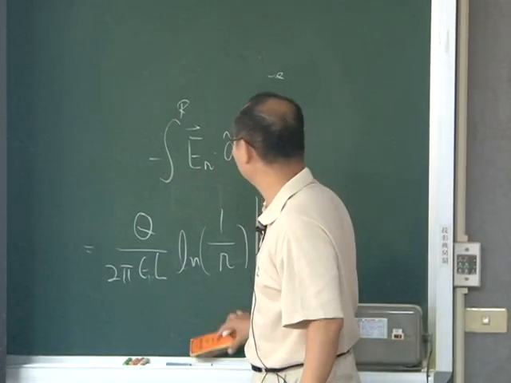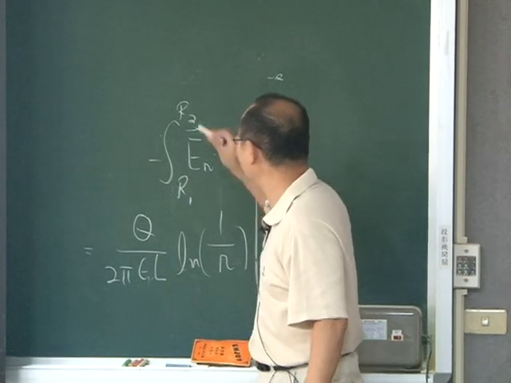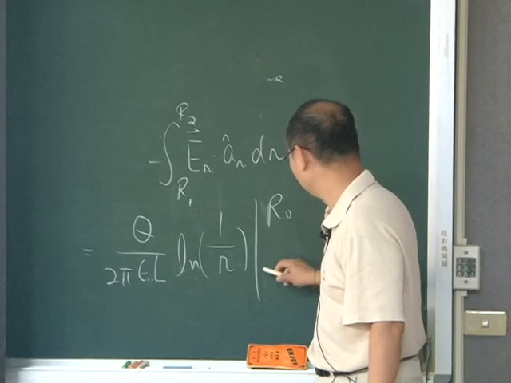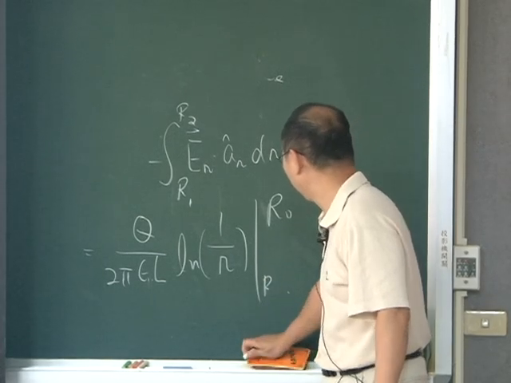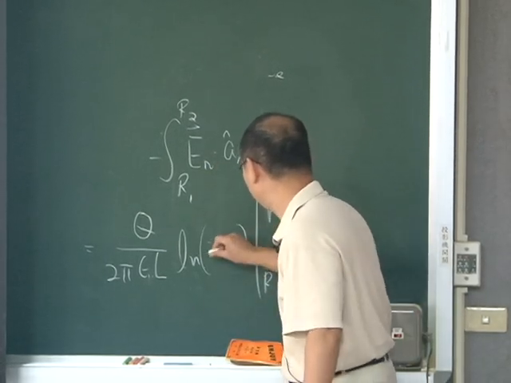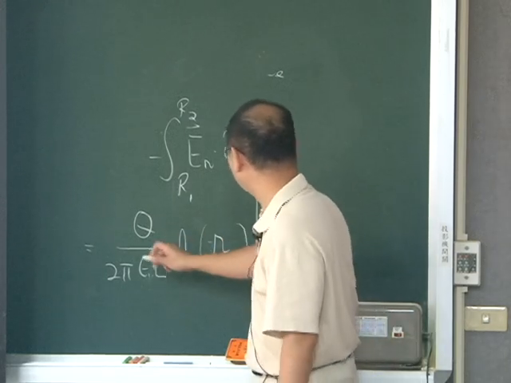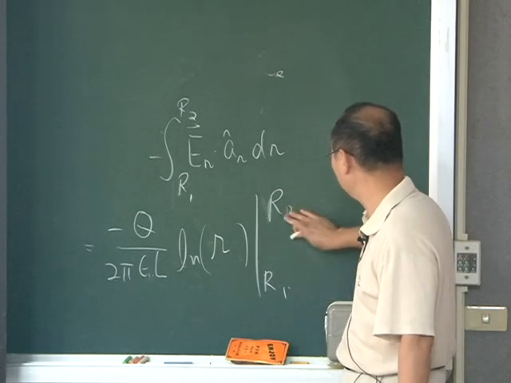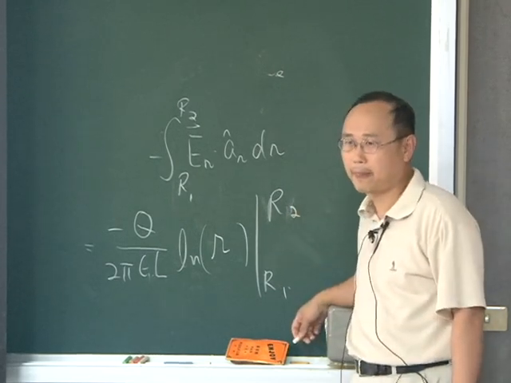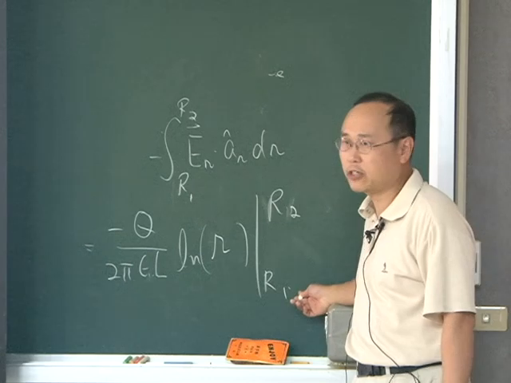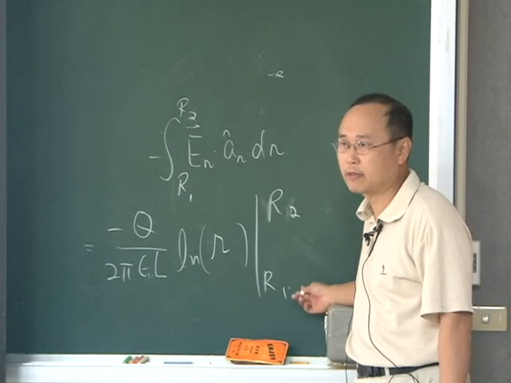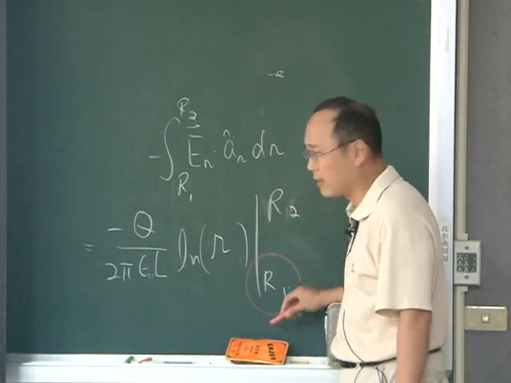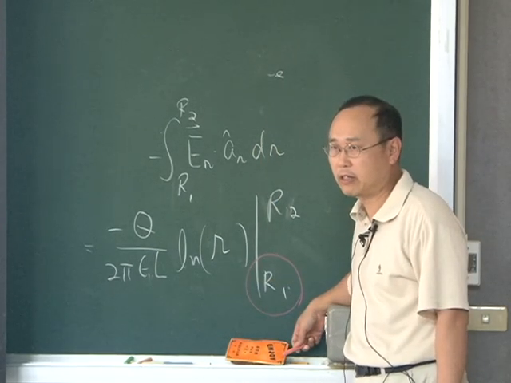If you take this from R1 to R2, this calculation can be done with a minus sign in front, the same thing, from R1 to R2. Okay, this calculation does not diverge. Now you have a reference location at R1 instead of at infinity.